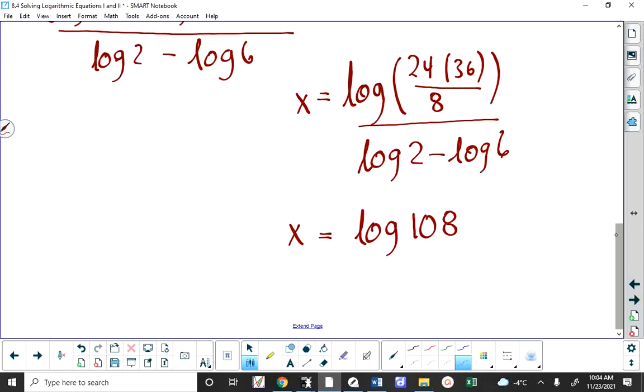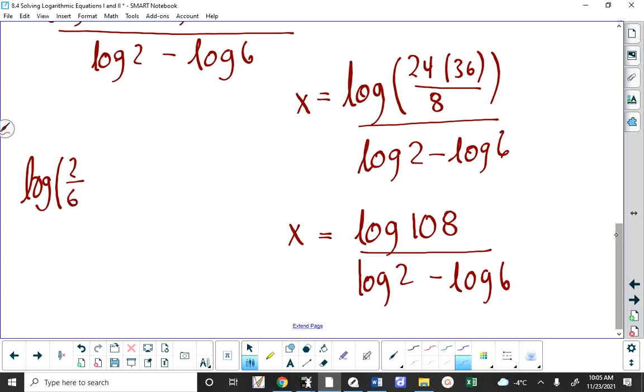Now, I think this is acceptable, but the bottom of this expression is log of 2 over 6, right? Which is 1/3. Do you agree it's kind of a shame that it's not the other way around? If it were log 6 minus log 2, that would be good, because log 6 minus log 2 is log of 6 over 2, which is log of 3.